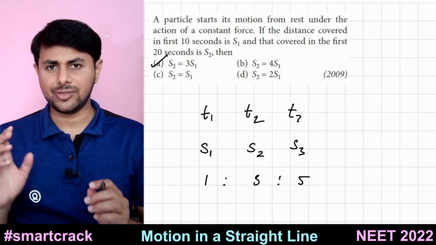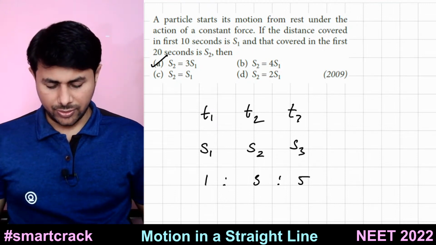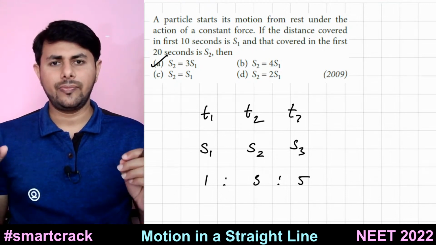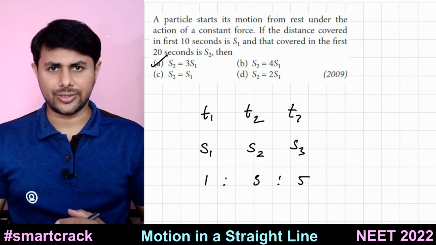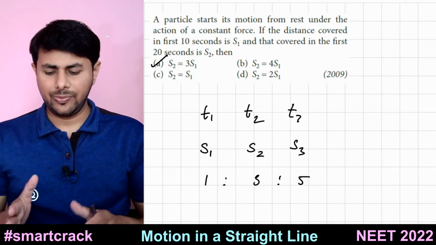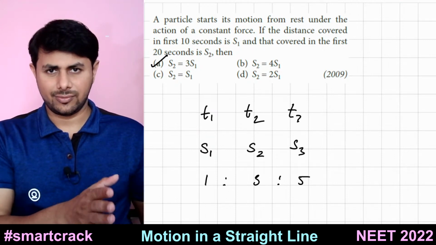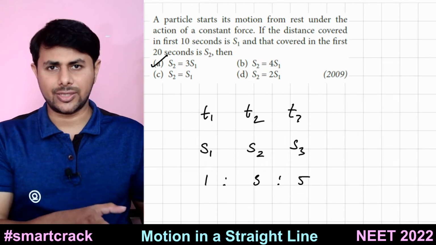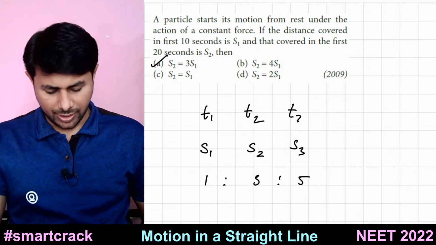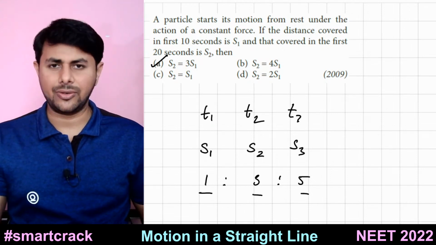So I'm telling this once again. If you have a uniformly accelerated motion or motion under a constant force, then if you take equal time intervals, the distance covered by the body in those equal time intervals is in the ratio of 1 is to 3 is to 5 and so on.